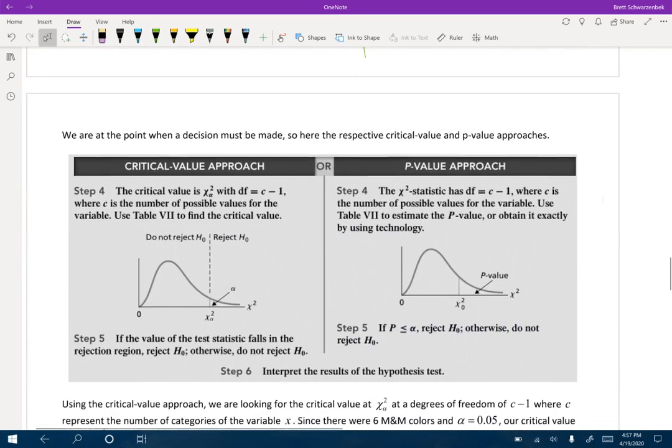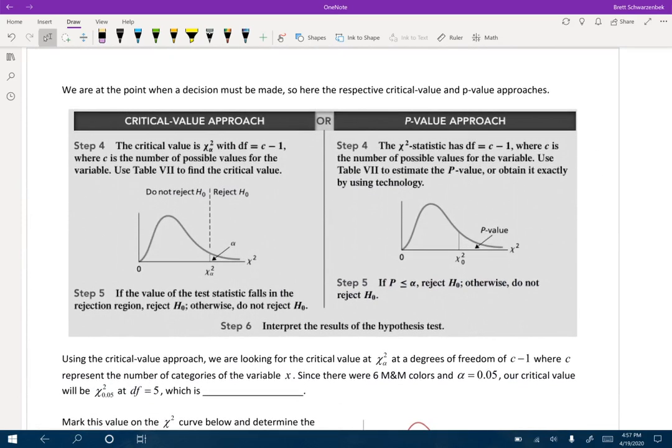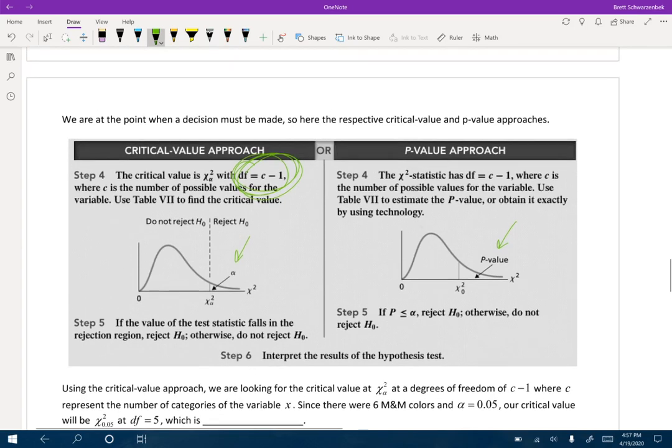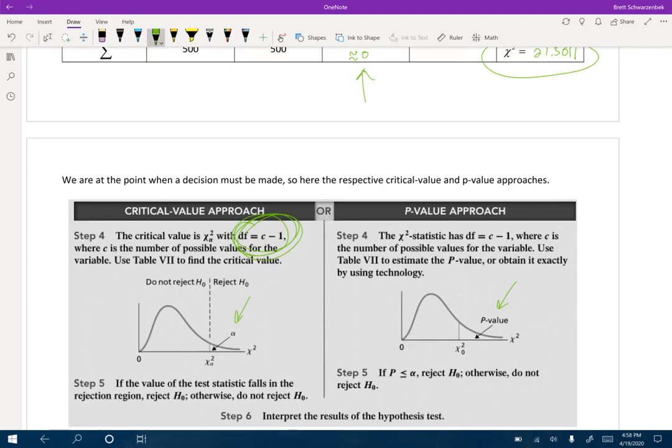And of course, we once again have our critical value and p-value approaches. We're going to have chi-squared. We're only in a right tail because we're dealing with a right skew distribution. One small thing that is totally different than anything you saw is the degrees of freedom. Degrees of freedom is equal to C minus 1, where C is the number of categories.